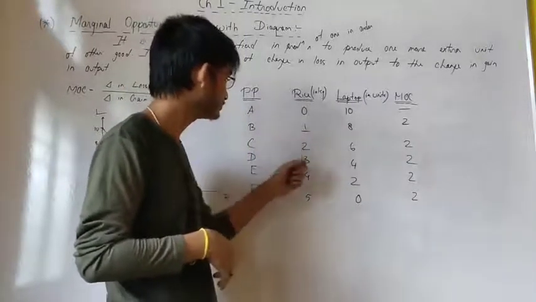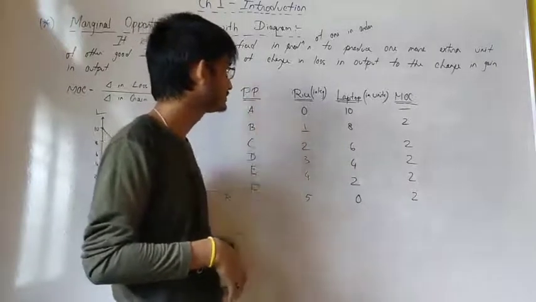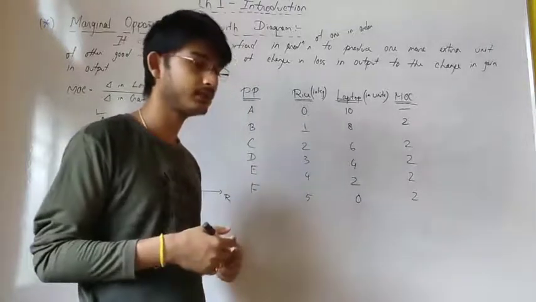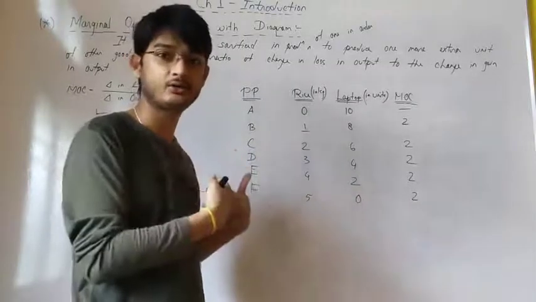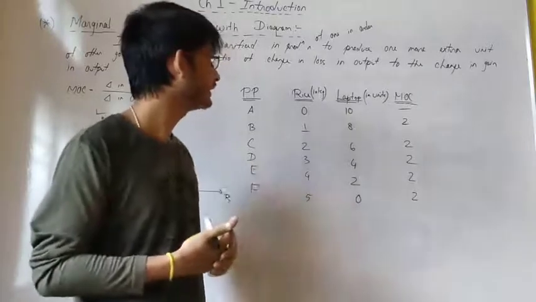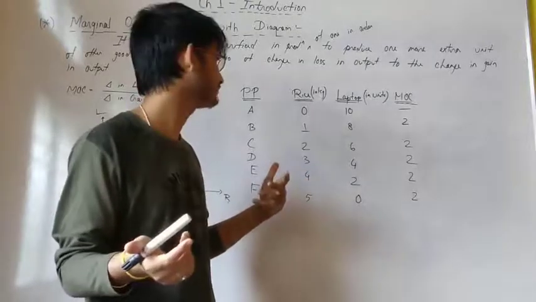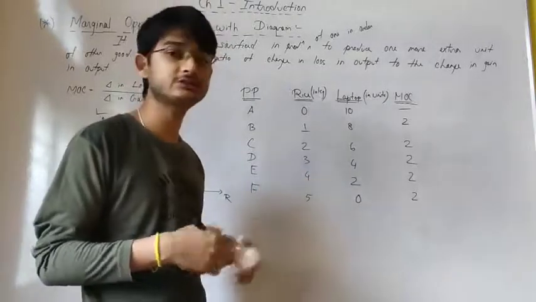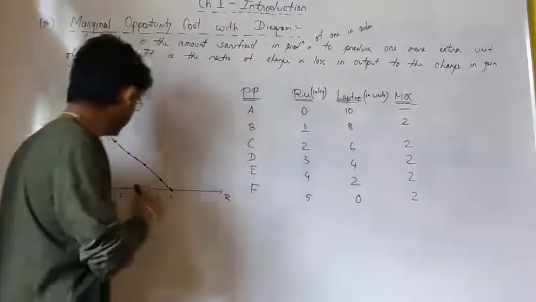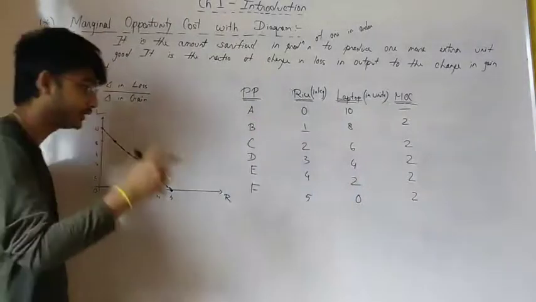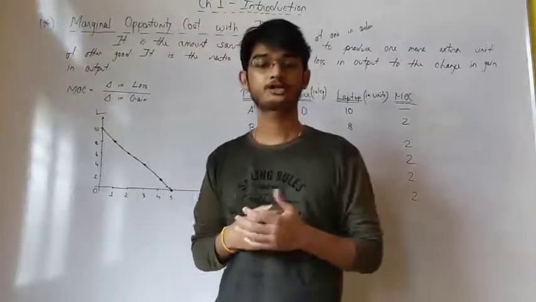Like here, for some increase in rice production, we have withdrawn some resources from laptop production. If you still have any doubt, you can turn this video a little backwards and watch it. So the main point is that whenever MOC is constant, we get a straight line PPC, and when MOC is increasing, we get a concave production possibility curve.